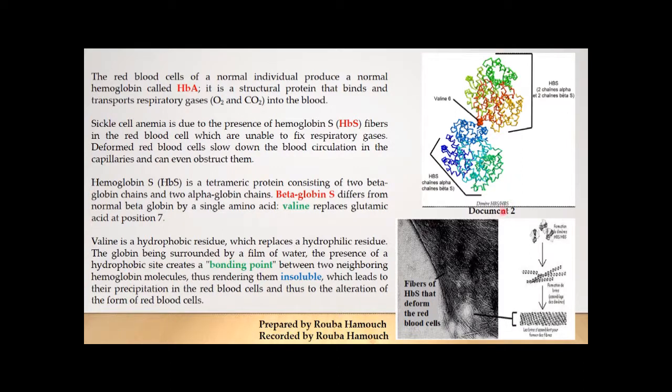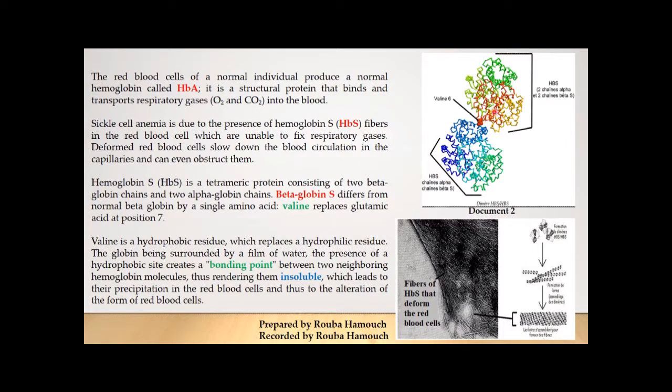As shown in document 2, we have a dimer of hemoglobin S due to the presence of hydrophobic amino acids, which is valine. So valine of this HbS binds to the valine of the next, neighboring HbS, forming a bonding point which connects the two hemoglobin molecules.